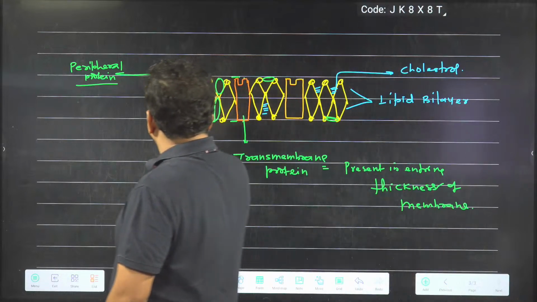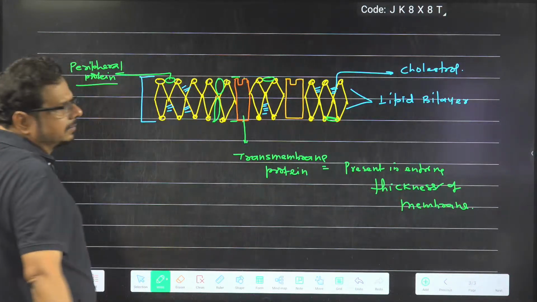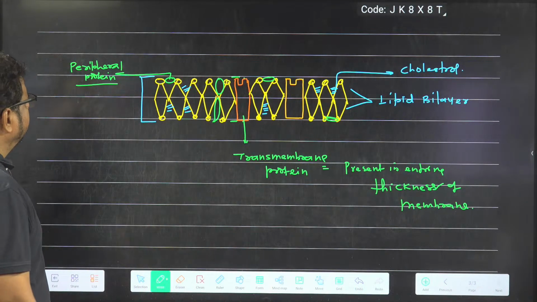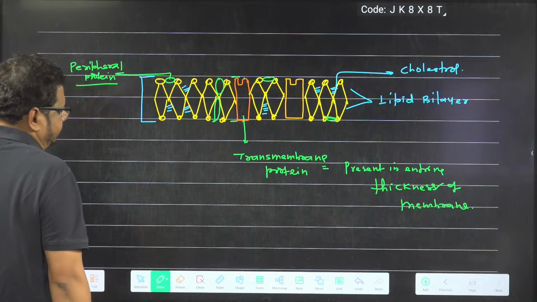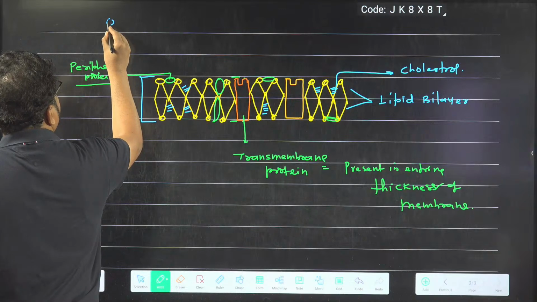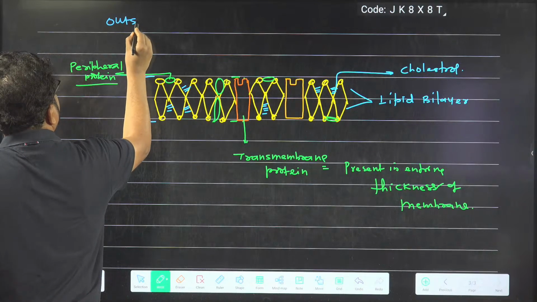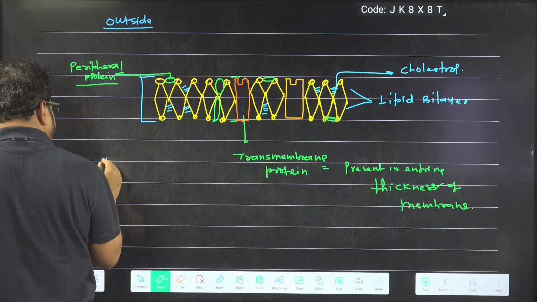So this is the overall plasma membrane. Got the idea? Plasma membrane. Clear? Now, suppose that this is the outside of the cell, and here it is the inside of the cell.